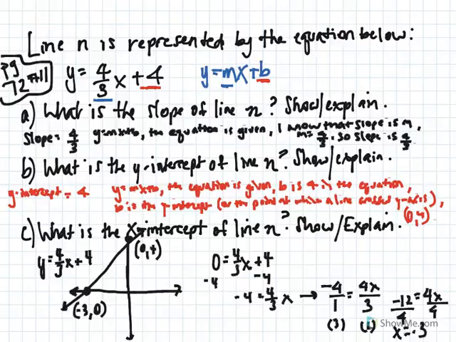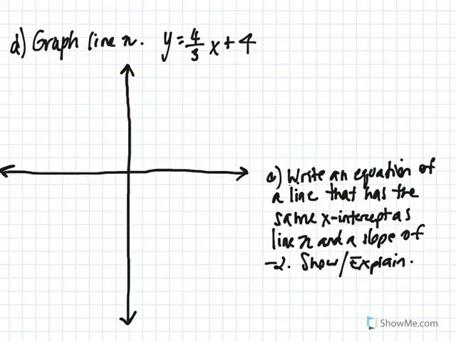Great. We just did part D. Part D said graph the line. We know this is the y-intercept, and we just found the x-intercept, which is -3 over, 0 up. Let's find one more point in between, just so we can get a better idea of what this graph looks like.